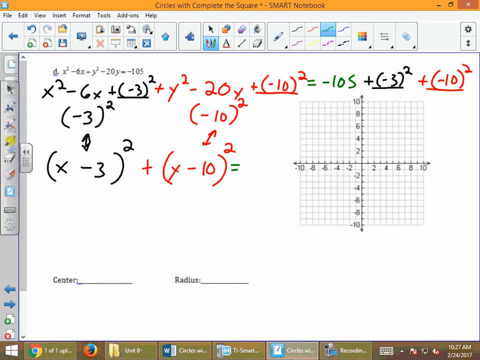This is really the only work you need to do as far as calculations. You just type that in your calculator. You tell me what you get. Negative 105 plus negative 3 squared plus negative 10 squared. Make sure you're using parentheses, please. And when you do so, you get this huge, gigantic number. It's going to be difficult to factor. And that number is 4.